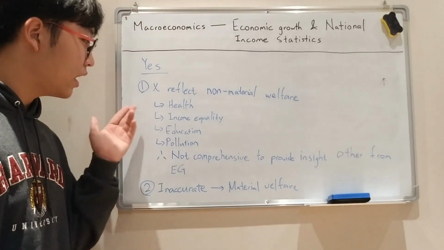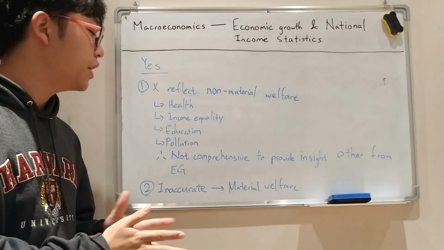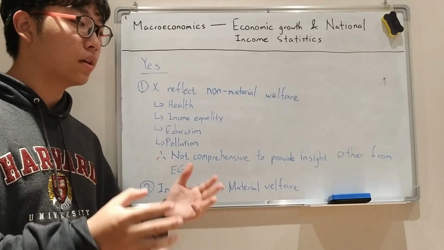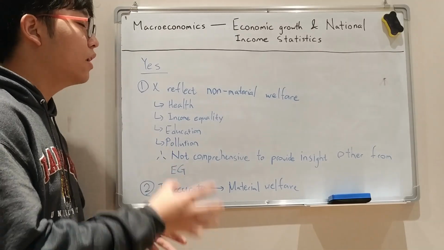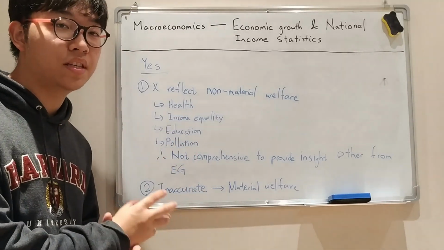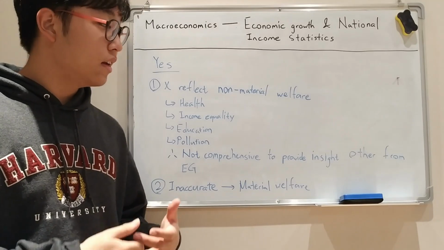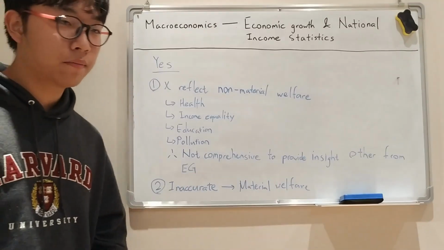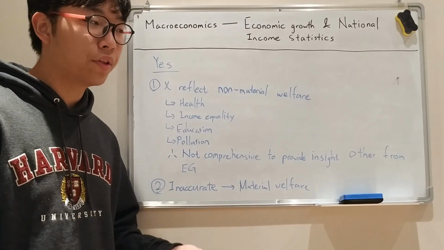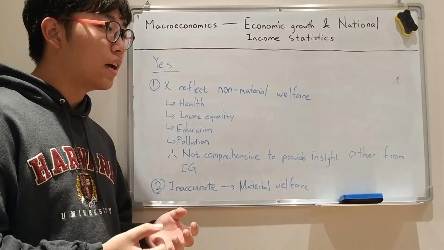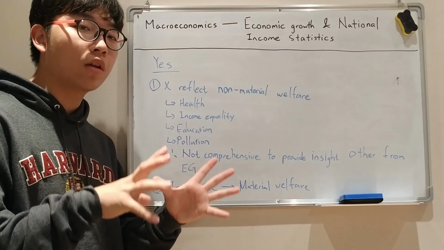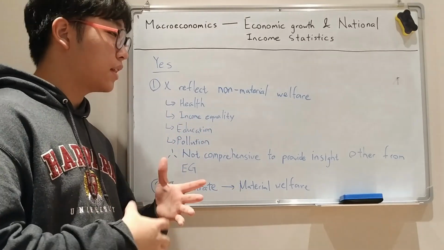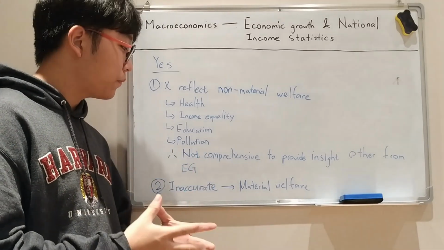Well, the country's health, income equality, education, pollution, these non-material factors of defining a country's standard of living are not inside national income statistics. It gives no insight into anything other than economic growth. Economic growth simply means that a country's economy improved. It's not about standard of living, it's just that the economy improved.